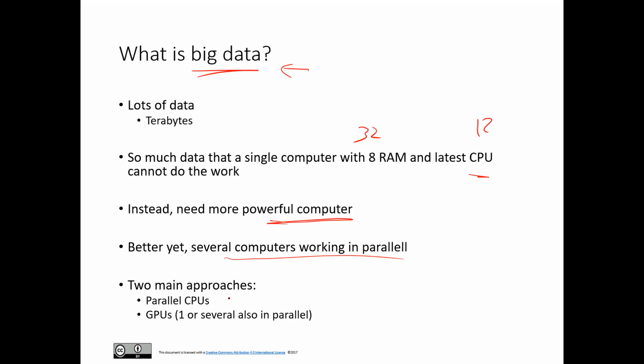So I talked about this. 2 main approaches, basically. Parallel CPU, so that's 470 Hadoop, right? Or more like a GPU, one in parallel, right? So that's what we're talking about this semester, 520, 530. All right, so that's really the 2 solutions.